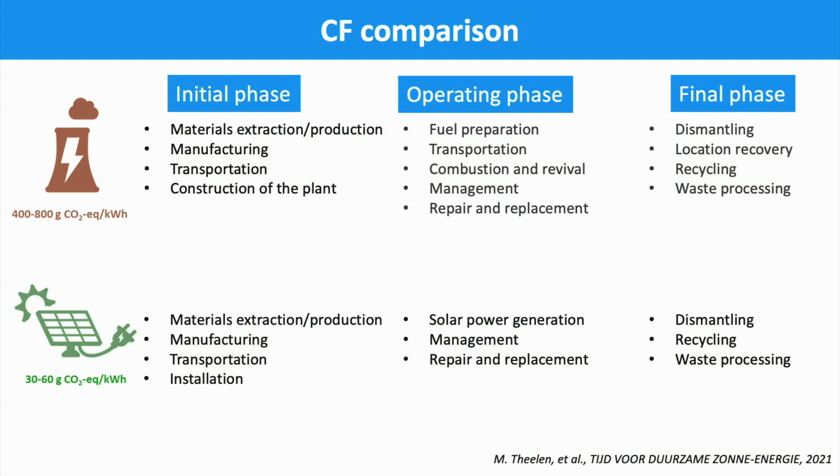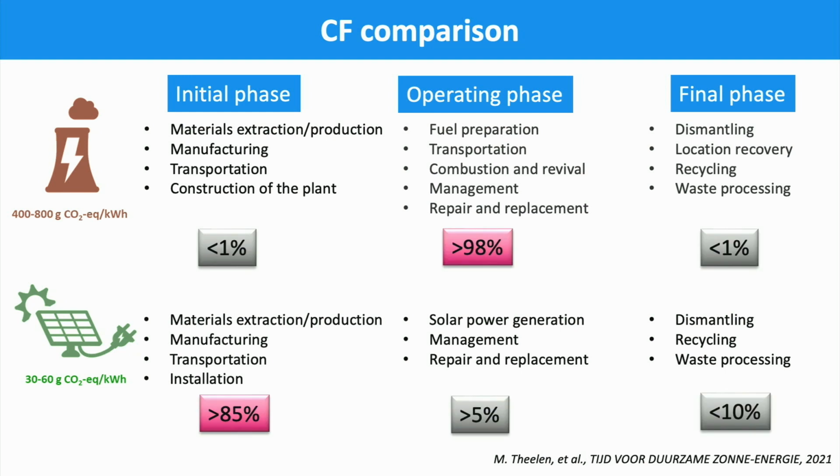Basically, the life cycle can be divided into 3 phases: initial phase, operating phase, and final phase. For each energy scenario, we have listed the steps included in each phase, as shown in this slide. Accordingly, for each energy scenario, we provide the carbon footprint contribution of each phase in the total lifetime carbon footprint.